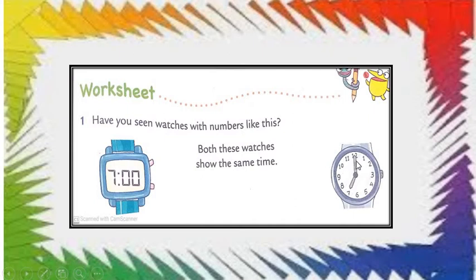On the face of the clock, there are numbers 1 to 12. The short hand is at 7, the long hand is at 12. The time is 7. These both watches are the same. Both these watches show the same time. This watch is called a digital watch.